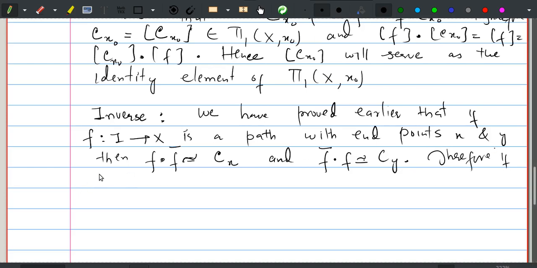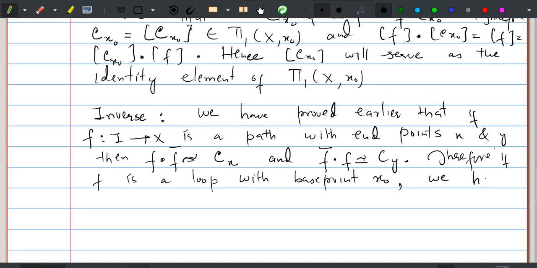therefore, if f is a loop with base point x naught, then we have f product with its inverse, the constant loop, which is homotopic to this thing, and this constant loop is again homotopic to f inverse product with f.